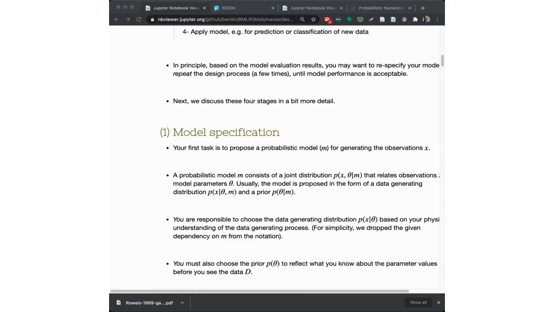Yes, thanks. So on Friday we are starting with the probabilistic programming sessions. If you go to the website bmlip.nl, maybe I can open this in Canvas.